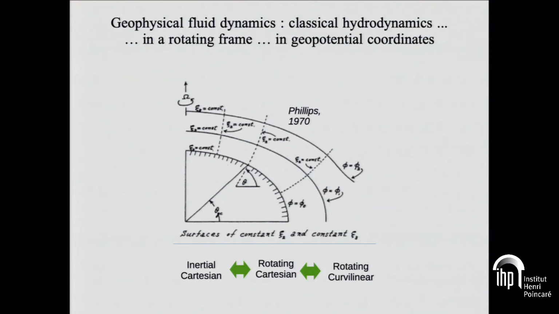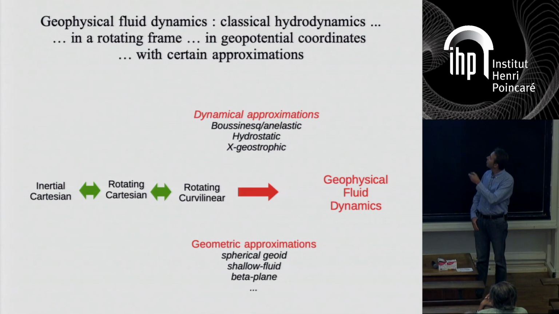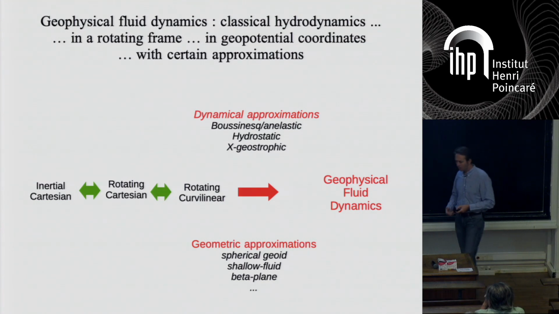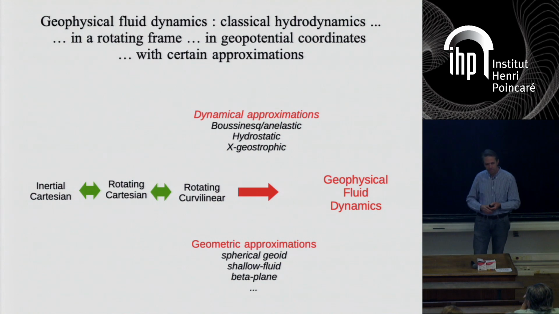So I would argue that you really start doing geophysical fluid dynamics when, on top of that, you introduce certain approximations. Some of them are geometric in nature, and I will talk about that immediately. Some of them are more dynamical in nature, like incompressibility or the hydrostatic approximation.